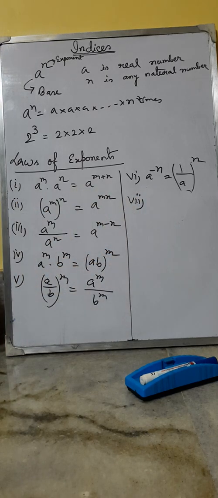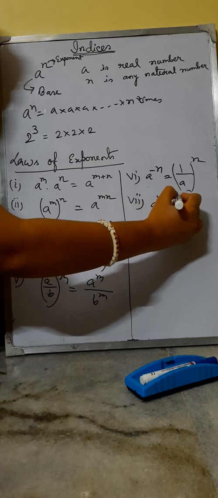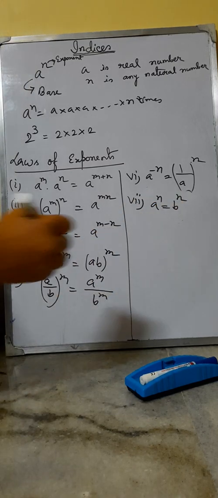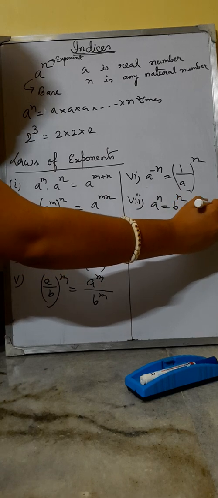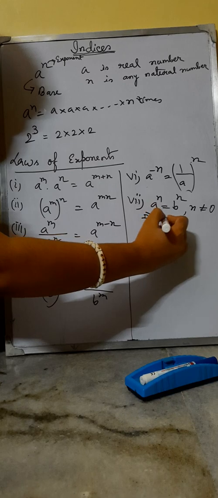Seventh law, if a to the power n equals b to the power n and n is not equal to 0, then we can say that a equals b.